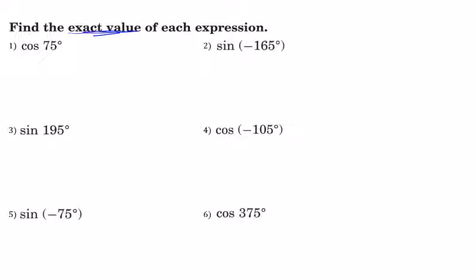So if we want to do this exactly, then we have to find a way to use what we do know on the unit circle to, in a composite way, figure out cosine 75. Okay, so let's take a look at our sum and difference formulas.